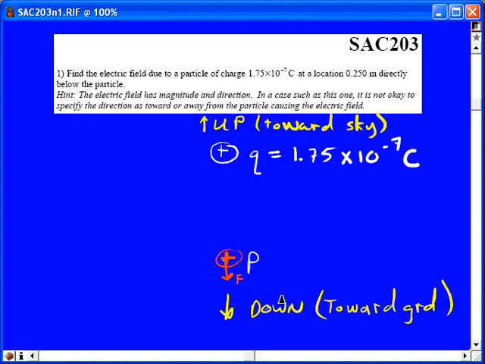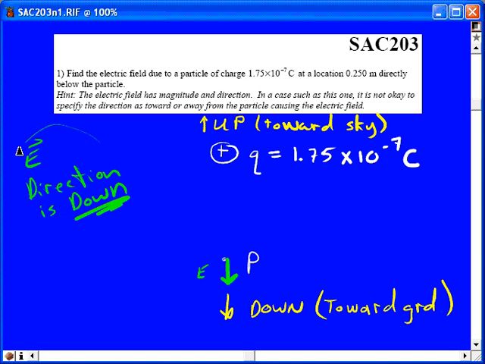Because of that, at the point in space which is actually empty, we know the electric field is in that direction. That's the downward direction. So the direction of the electric field is downward, and that's part of the answer to this problem.